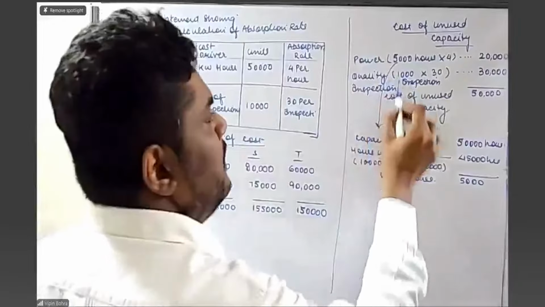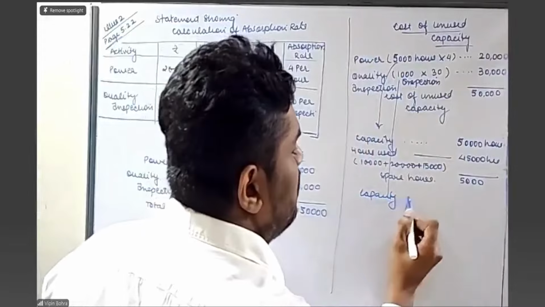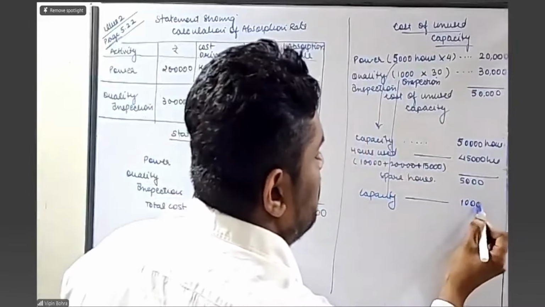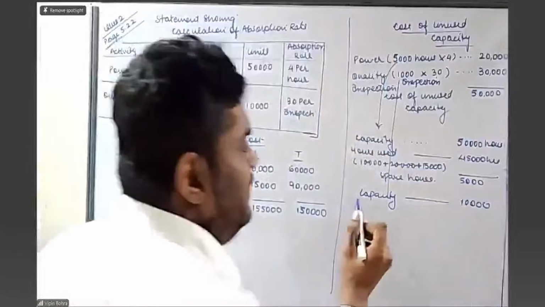Similarly, when talking about this 1,000, my capacity was 10,000. But how many inspections I did? 35, 25, and 30.